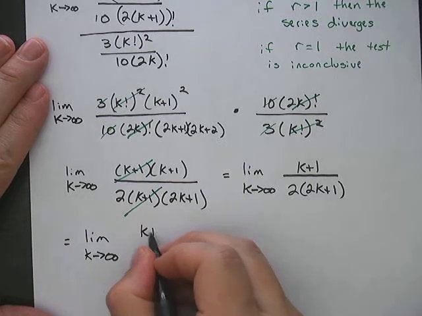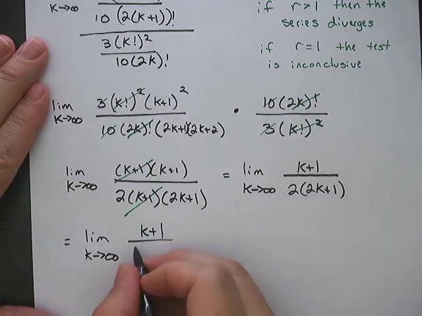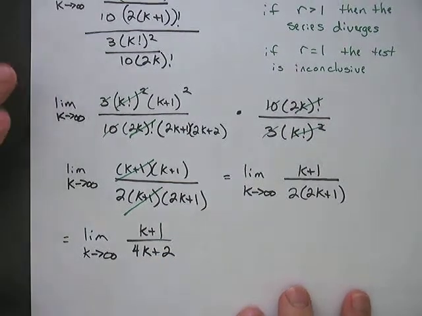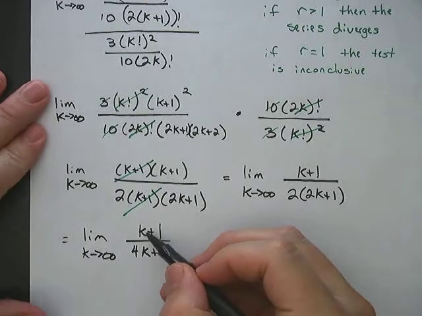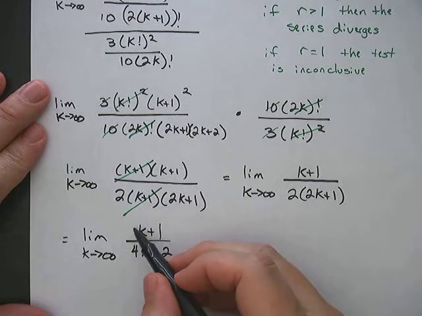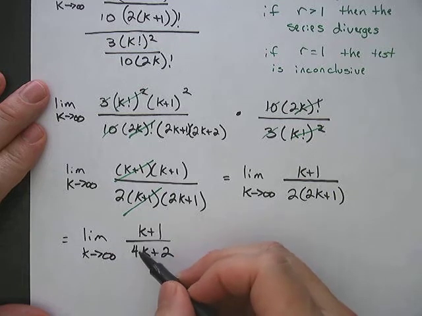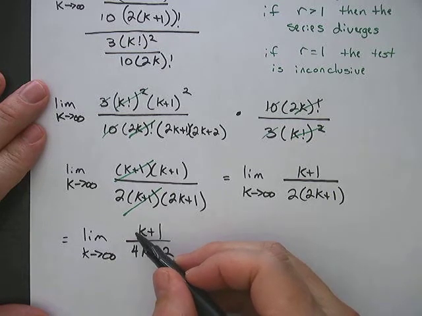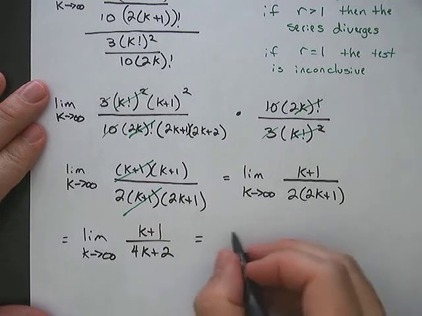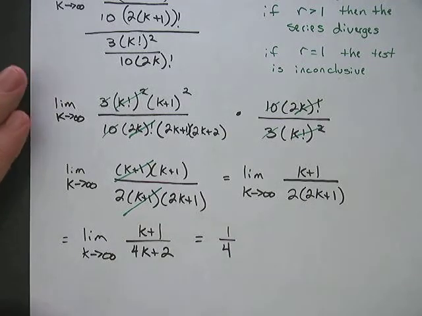So if I distribute this, the bottom becomes 4k plus 2. Now, when you take the limit of a rational function and the top and the bottom have equal powers, k to the 1 power and k to the 1 power, then the constants in front of that are your answer. So the constant in front of this top k is a 1, since there's not a number, and then a 4 on bottom. So the answer to this limit becomes 1 over 4.